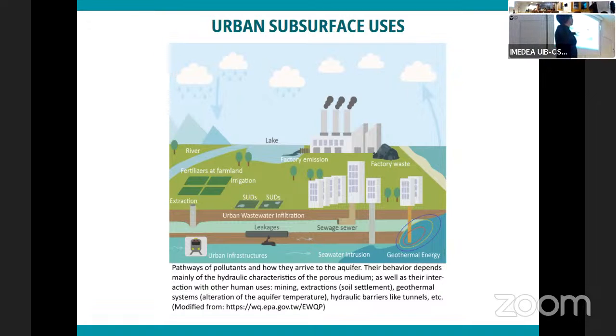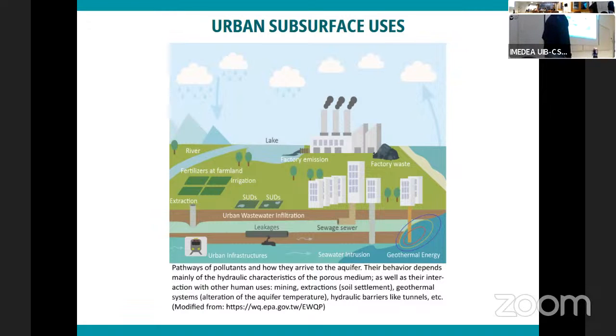Water goes to the atmosphere, rains as precipitation, and the water bodies that we see are lakes, rivers, and sometimes springs or seawater. But it is not common to see groundwater, so sometimes it's not well known what is going on beneath our feet.